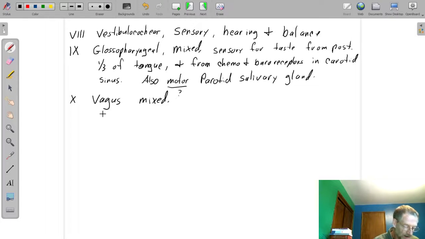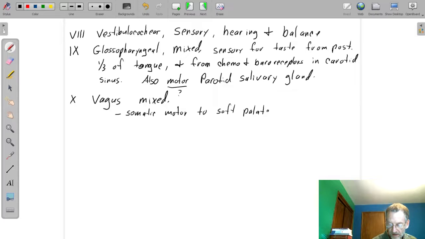And there are somatic motor fibers. Let's say to soft palate. We'll keep it simple. We'll just say to soft palate and larynx/pharynx.